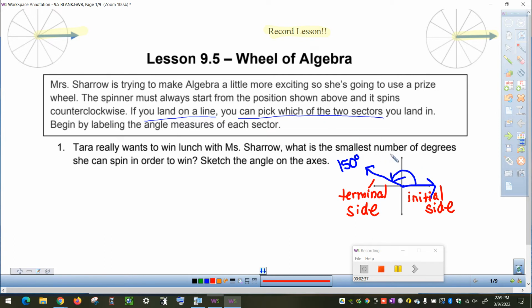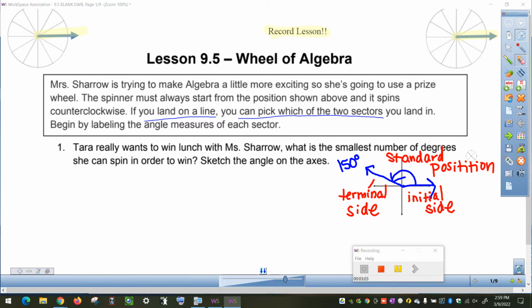And so this type of picture here that starts with the initial side, exactly where we place ours, showing the terminal side, showing the little arrow, showing what direction we're going, generally, we call this an angle that's drawn in standard position.